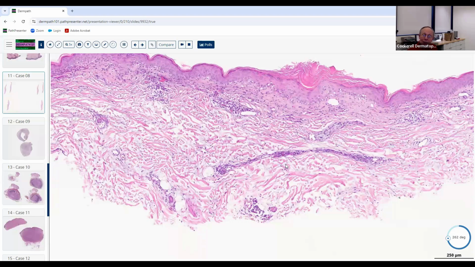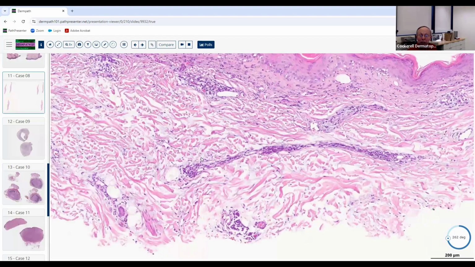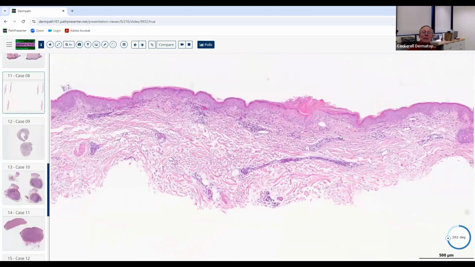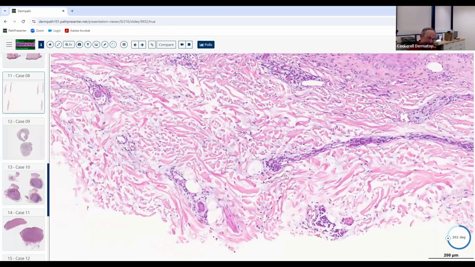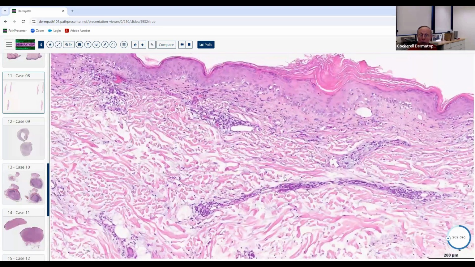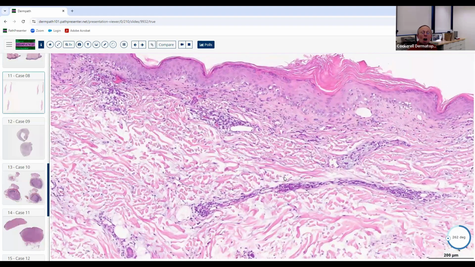If we're betting a beer on this, I probably would favor lupus, because generally lupus gives you a deeper infiltrate than you see with dermatomyositis. But this actually happened to be dermatomyositis. This patient had positive muscle enzyme studies, weakness, and all the rest.